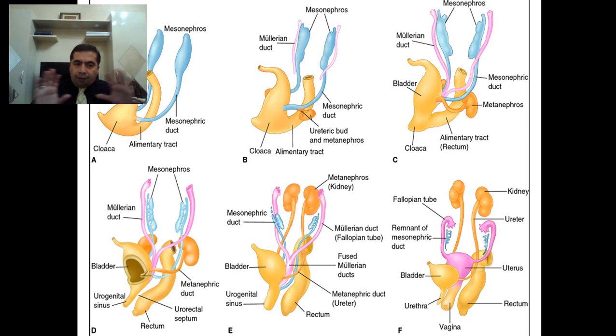Yes, at the first stage of development, the embryo has both sources of development of sex organs, male and female. After the definition of the sex, when the embryo develops in the male direction, the paramesonephric duct will reduce. Or if the embryo develops in the female direction, the mesonephric duct is reduced.